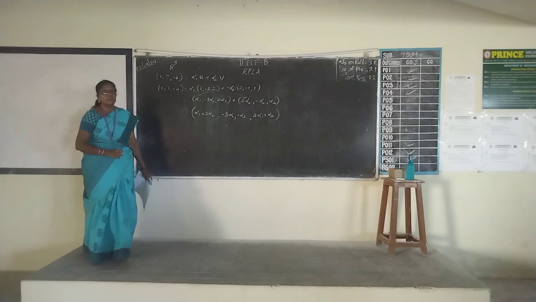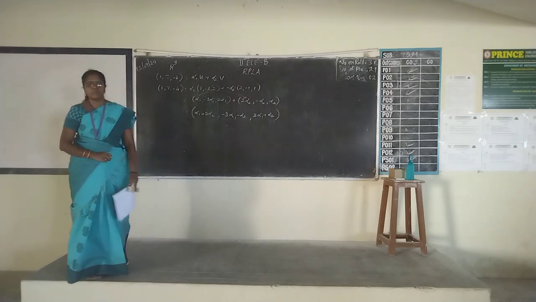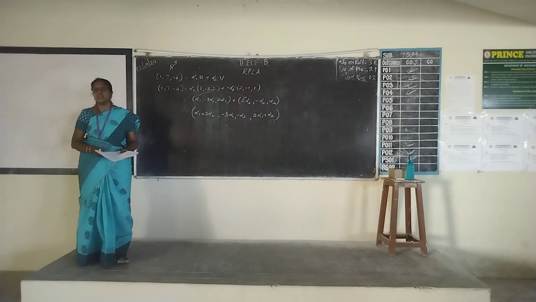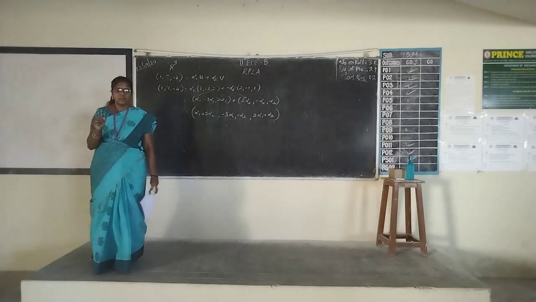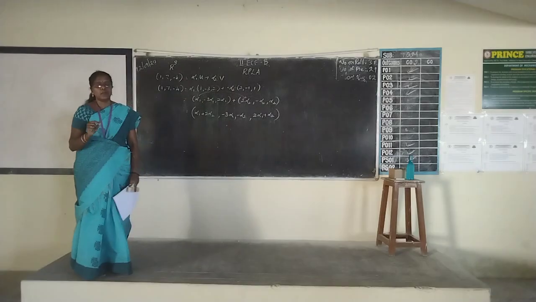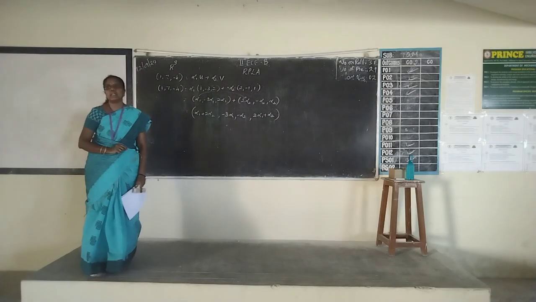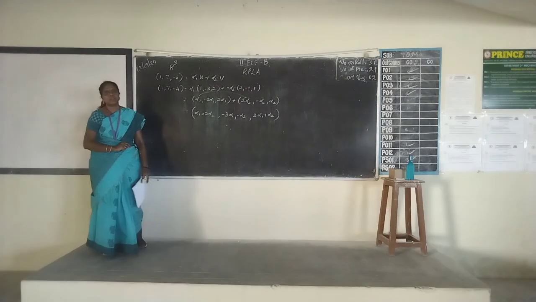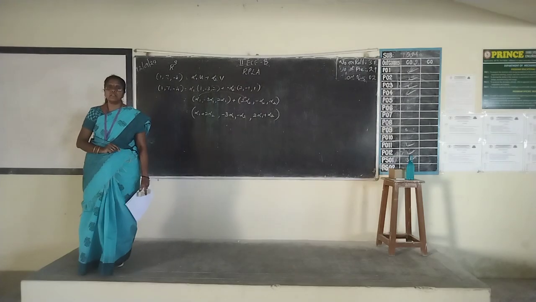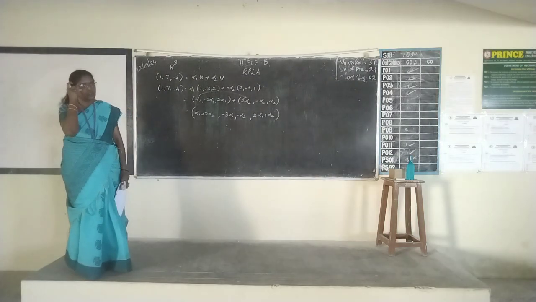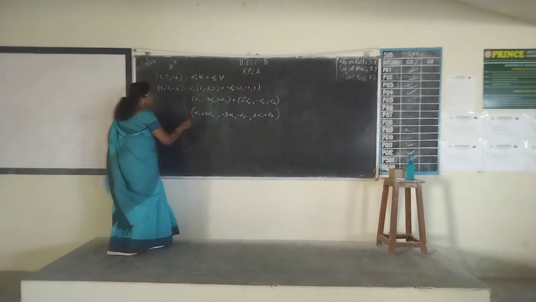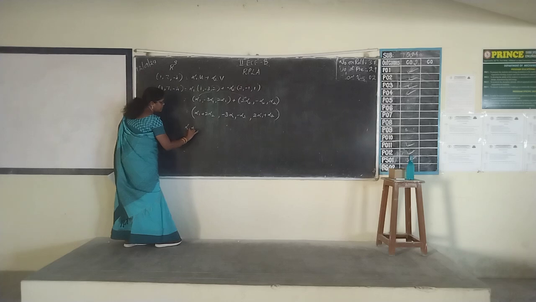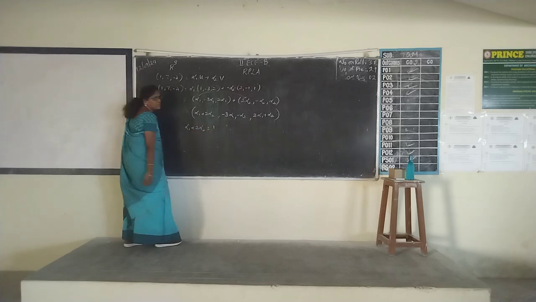Okay, equating the corresponding components, we get: first element equal to first element, so alpha 1 plus 2 alpha 2 equals 1.